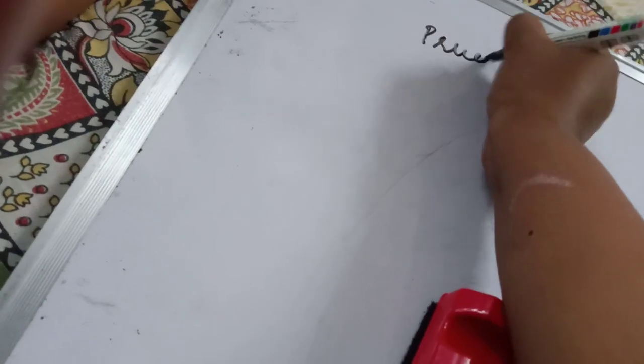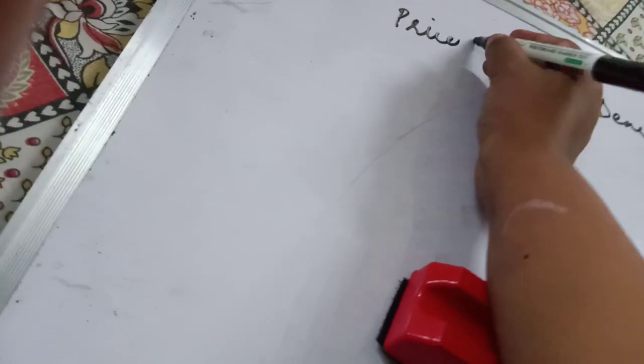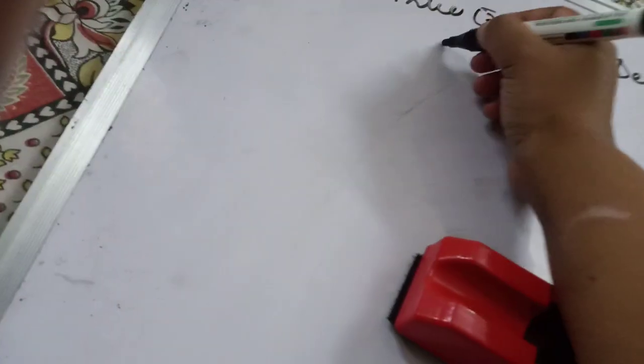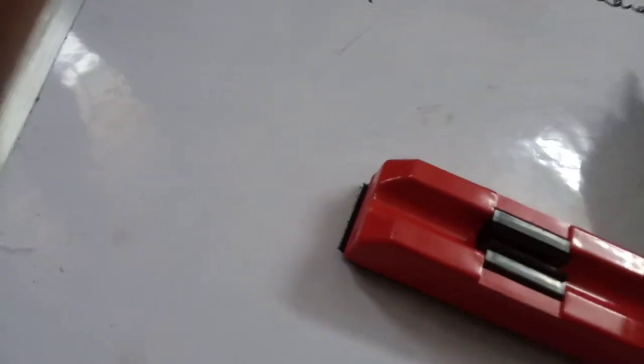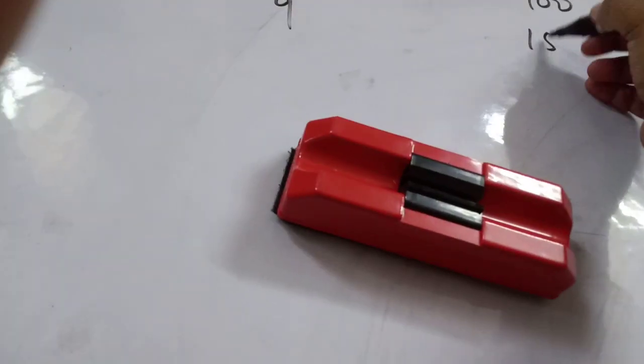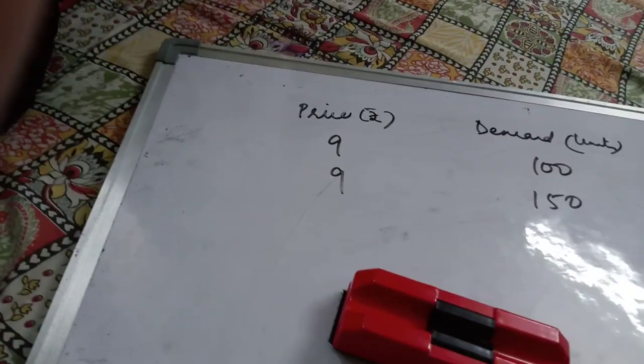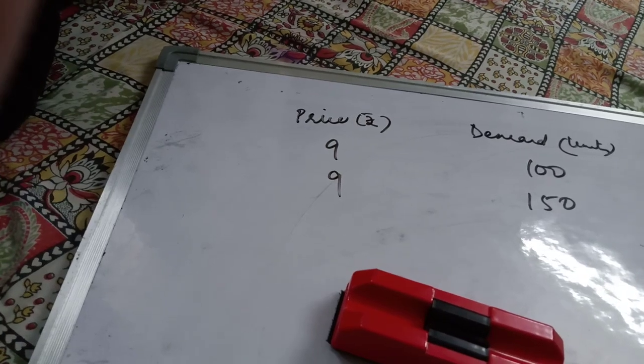Price, demand. This is in rupees, this is in units. Price 9, demand 100. Price 9, demand 150. So you have to make a demand curve and also calculate the elasticity of demand.